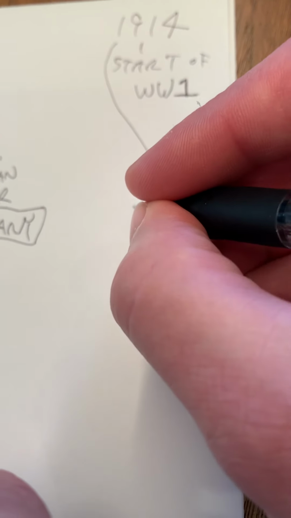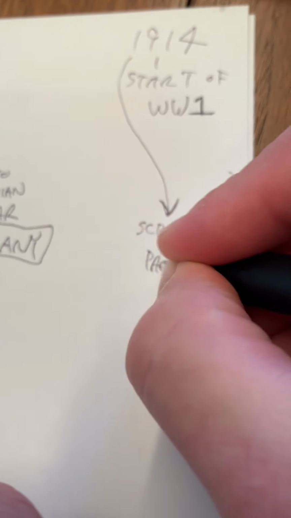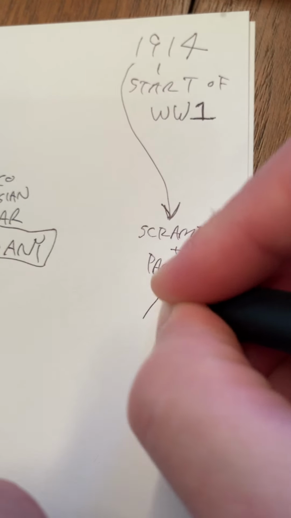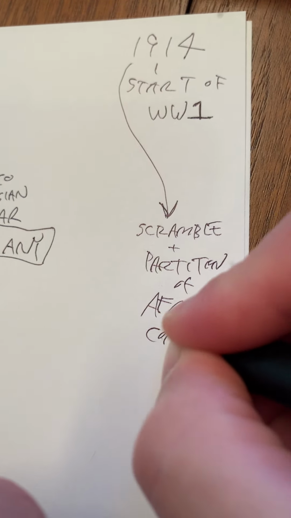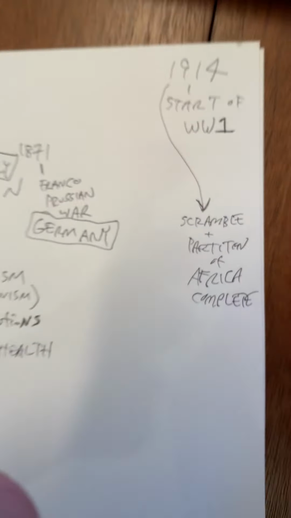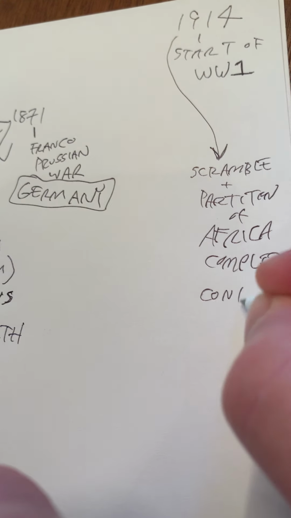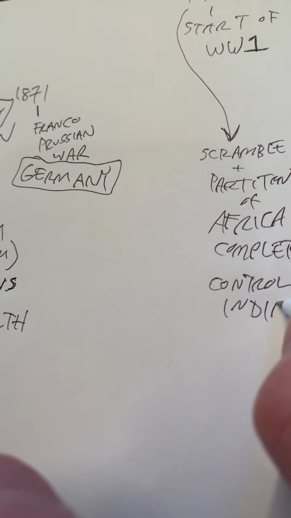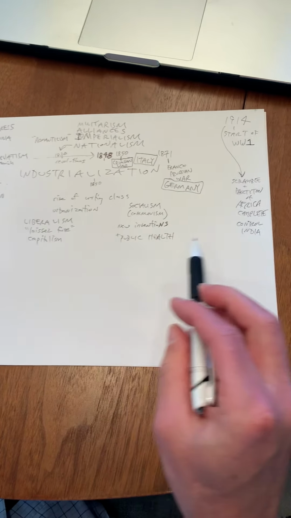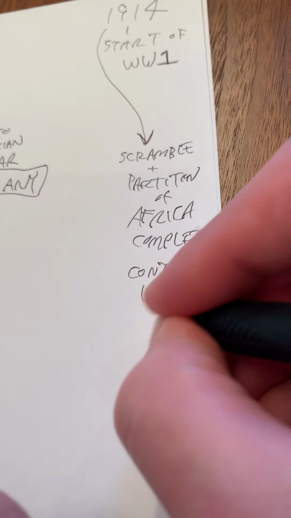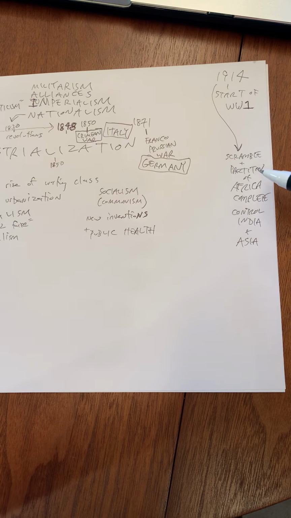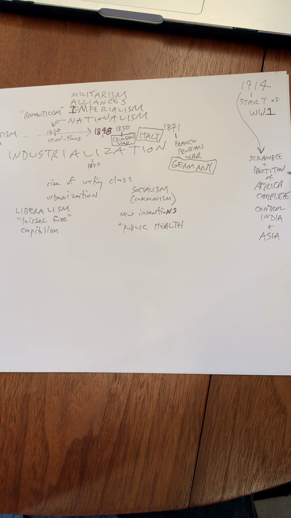The scramble and partition of Africa is complete by this point. They control all of Africa. Control of India has been established and is absolute by this time, and in Asia. By this time, Europeans have dominated much of the globe.